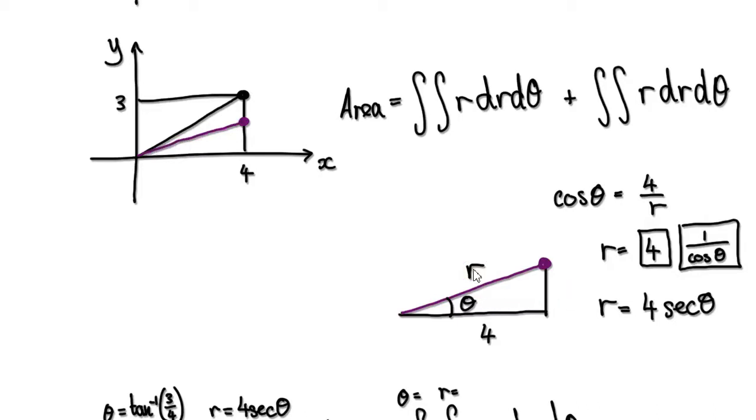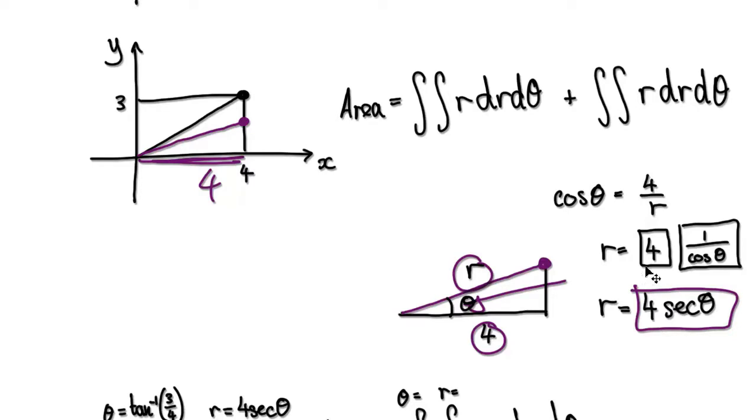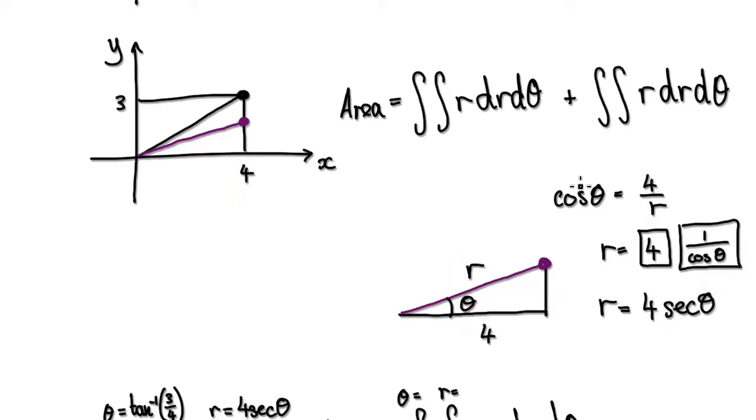To work out the radius for a given angle, let's have a look at this triangle here. We know that this side is always 4. For a given angle here, we can work out the radius.